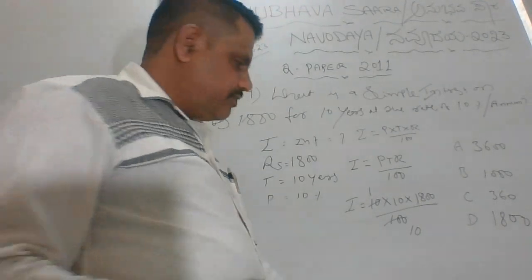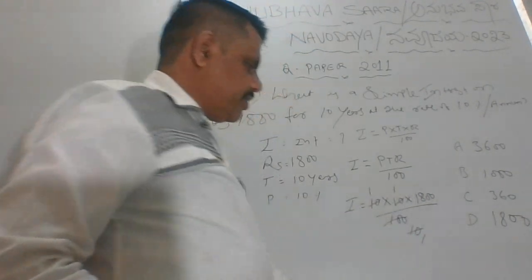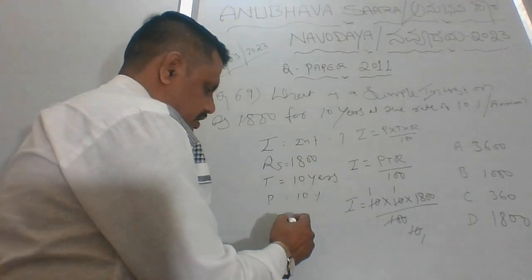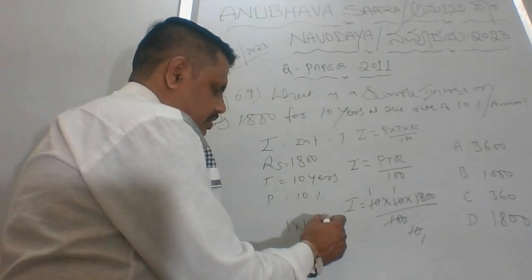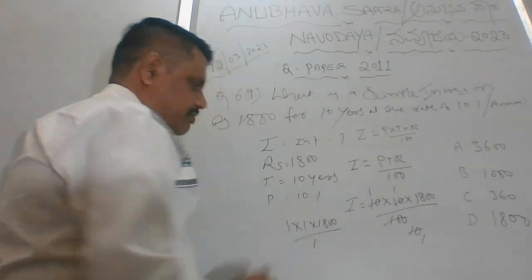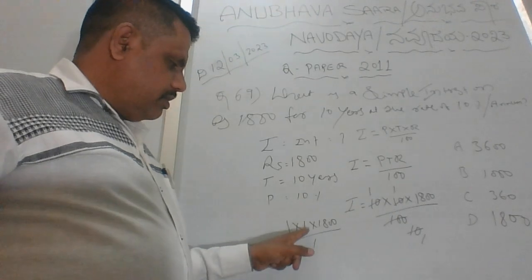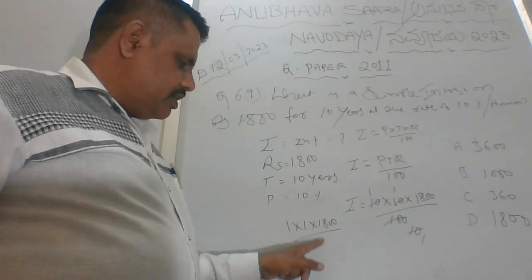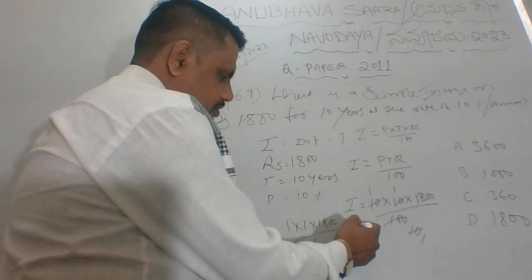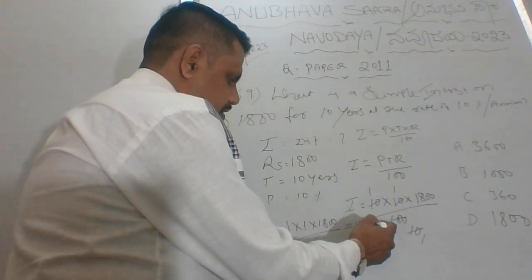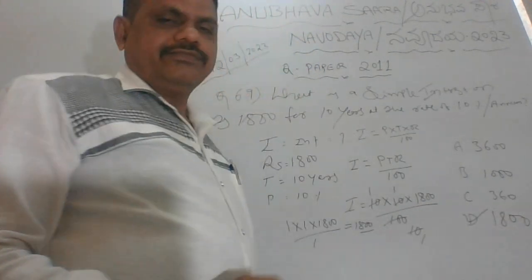Again 10 ones are 10. So how much do we have finally? 1 multiplied by 1 multiplied by 1800 divided by 1. So this is nothing but 1800. So 1800 is the answer.